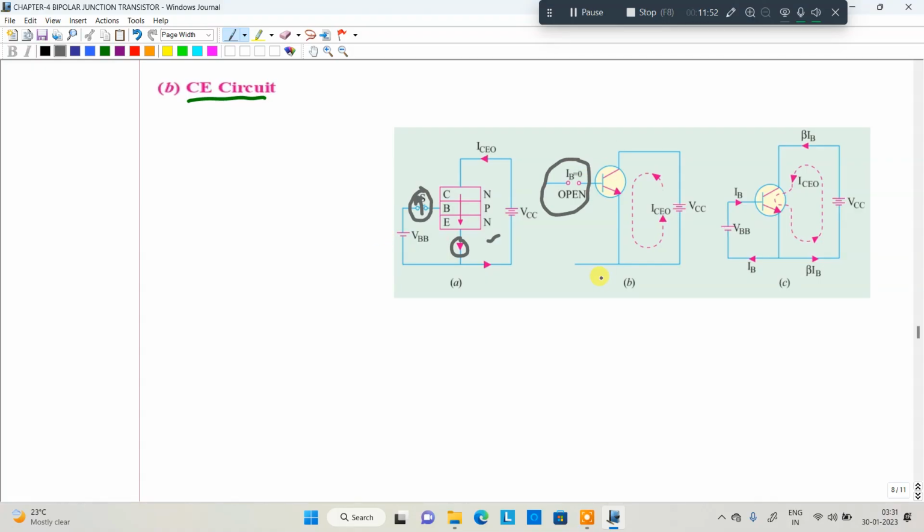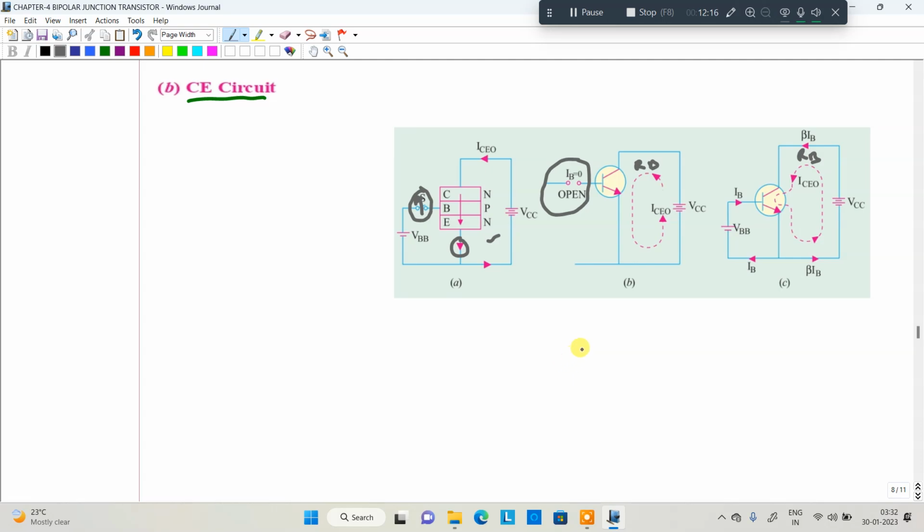Whenever the base current is 0, the circulating currents will be the leakage currents ICO. These leakage currents are due to the minority charge carriers, because it is reverse biased. Whenever it is reverse biased, due to the minority charge carriers, the current appears in the output side in the reverse bias condition.